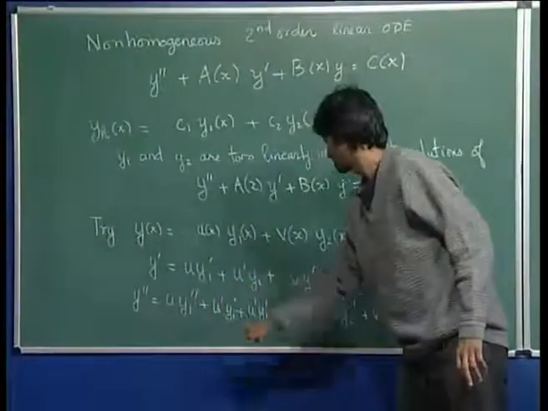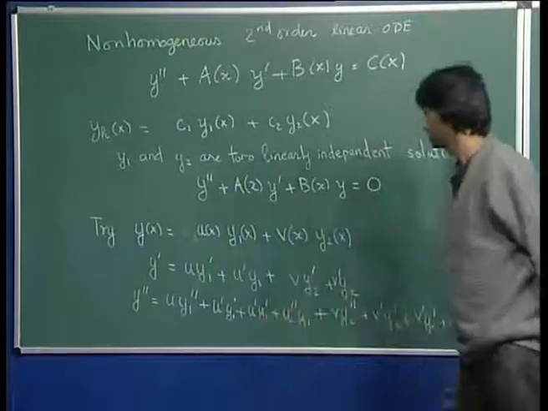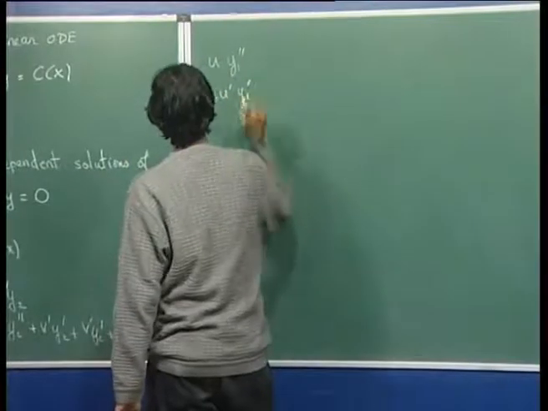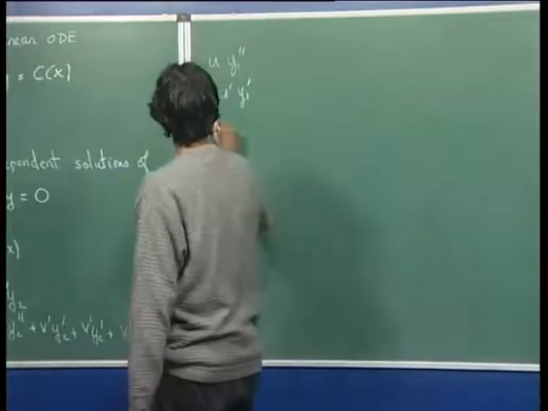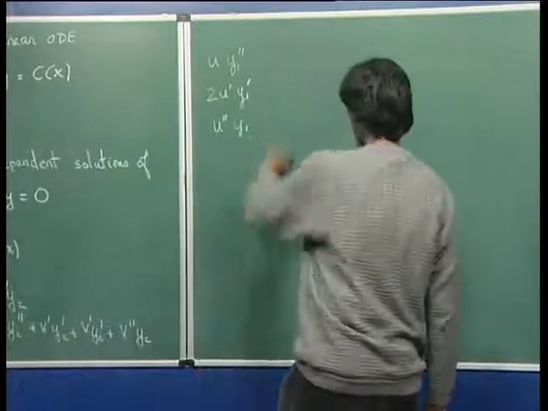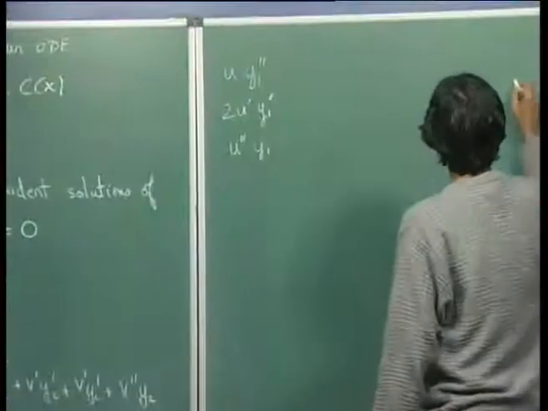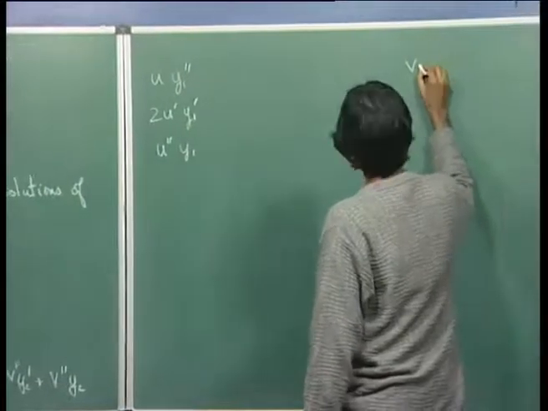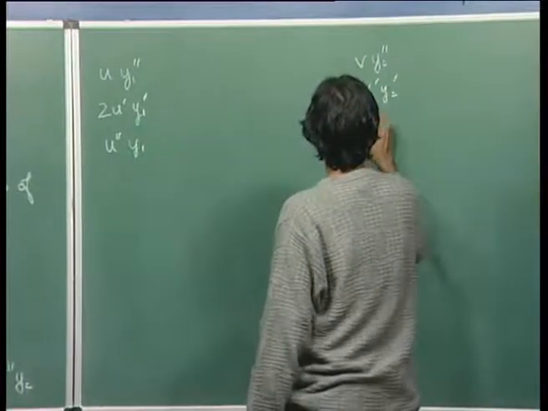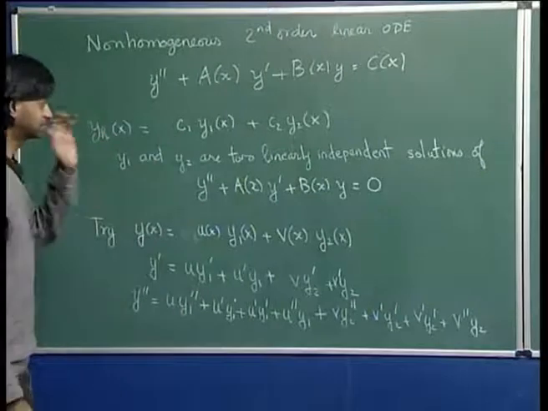So I have u y 1 double prime, then these two are the same term, so you have 2 u prime y 1 prime, which I will write separately, and then I have u double prime y 1. Then I will have v y 2 double prime, 2 v prime y 2 prime and v double prime y 2. I just collected all these terms and wrote them in this form. It will become clear why I did this.